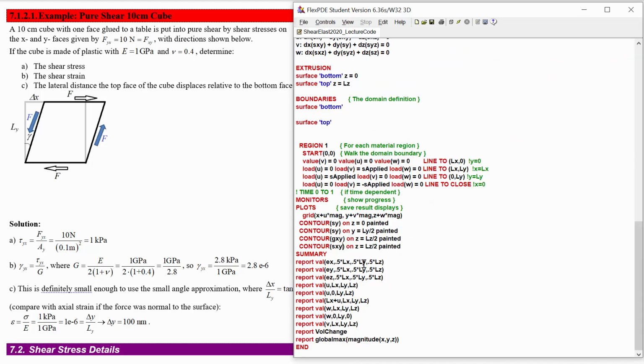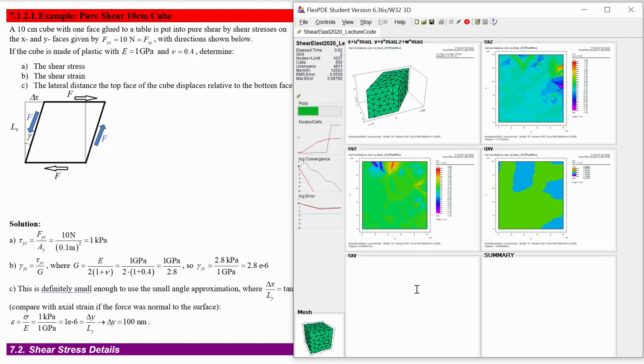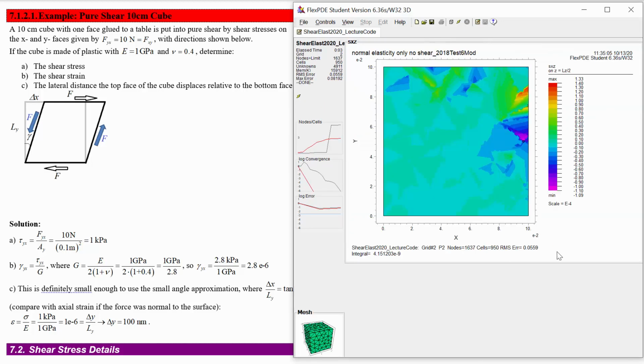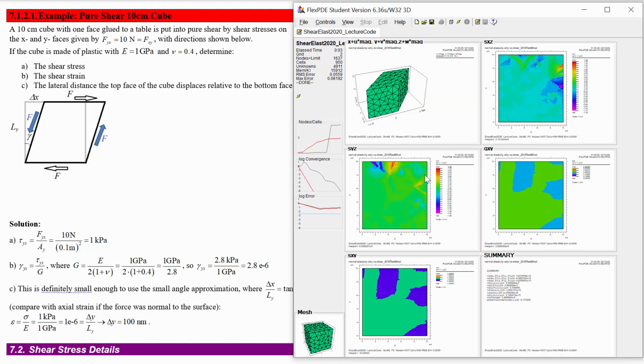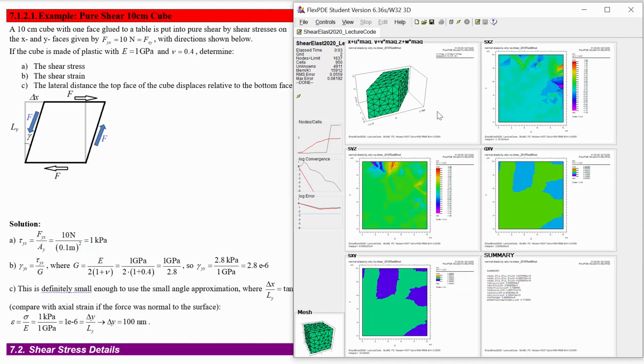The other stresses should just be 0. So let's check that out. Sxz and Syz, how about z equal to Lz over 2 again? Do we have any stress in those directions? Nope. And no. So for stress, this is basically 0 because the stress magnitude is more like 1,000.